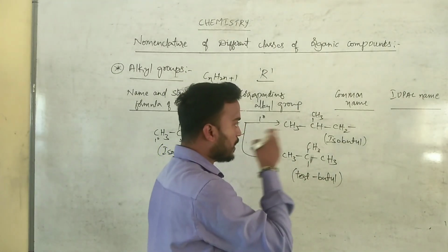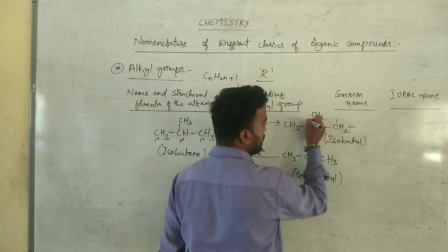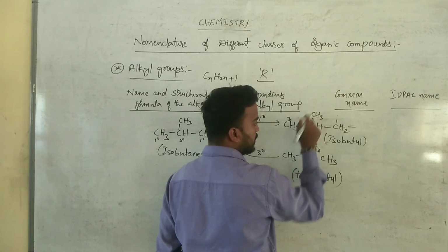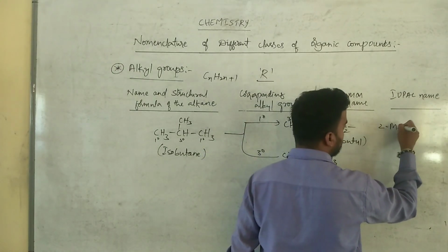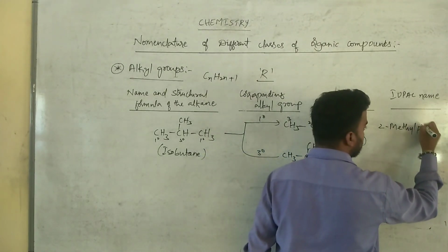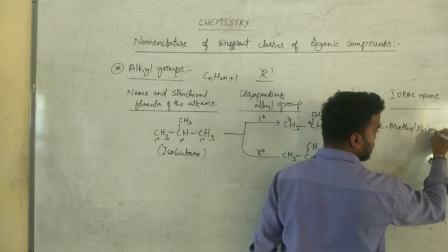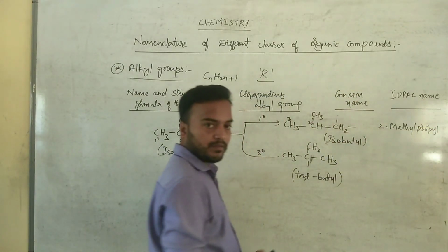So we have to write the IUPAC name. Numbering for this one, we number from this side: 1, 2, 3. 2 methyl. The number of carbon atoms is 3, and we use the suffix for alkyl groups, that is yl. 2 methyl propyl.